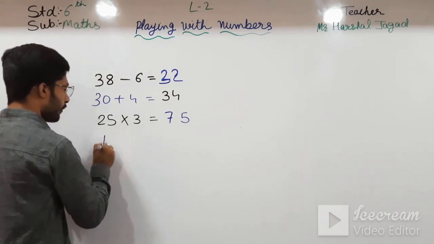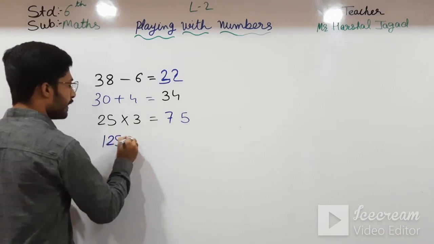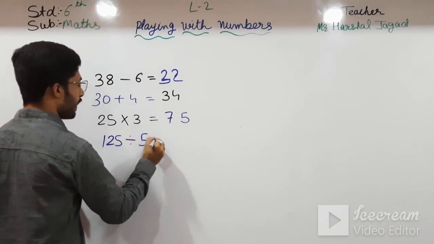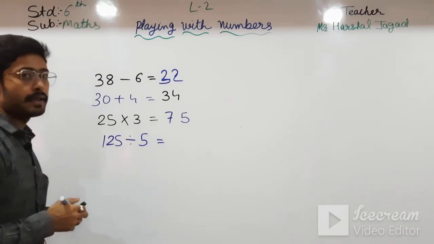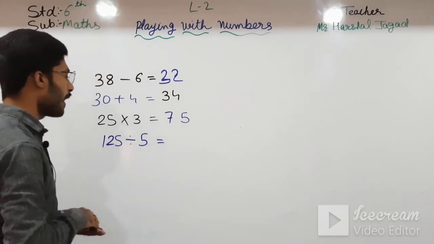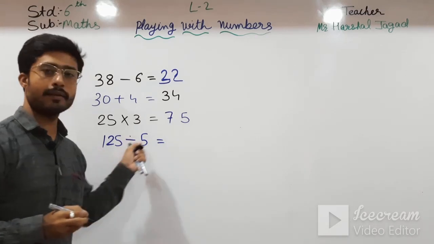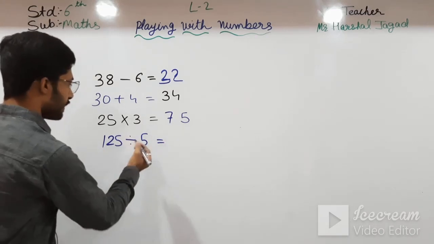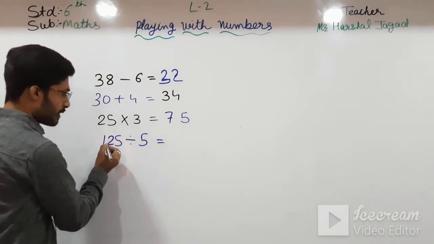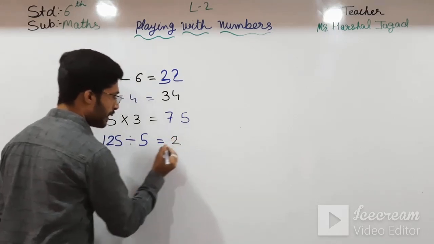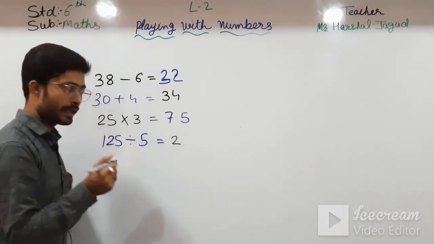Next, if I want to divide 125 divided by 5, then what will be the answer students? You all know, I am directly calculating this, but you have to follow some method and then calculate. See here, 5 2s are 10, 2 remaining.